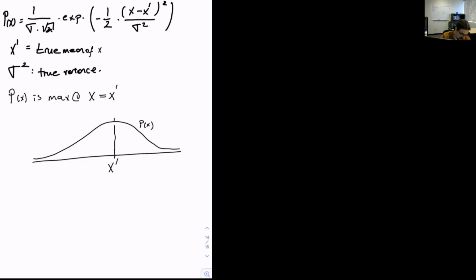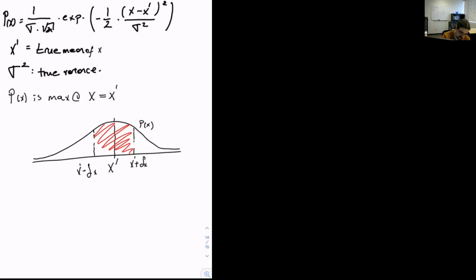What I'm trying to figure out is, if I know the entire distribution, I could ask what is the probability of a measurement being between x naught minus delta x and x naught plus delta x. If I know the entire p(x) distribution, by calculating the area under the curve I can figure out the probability of a measurement being in that region.